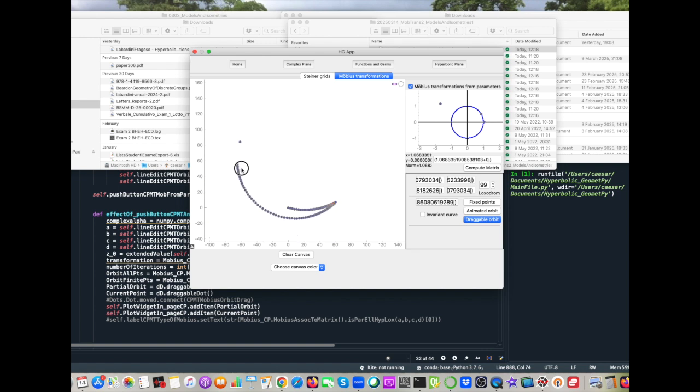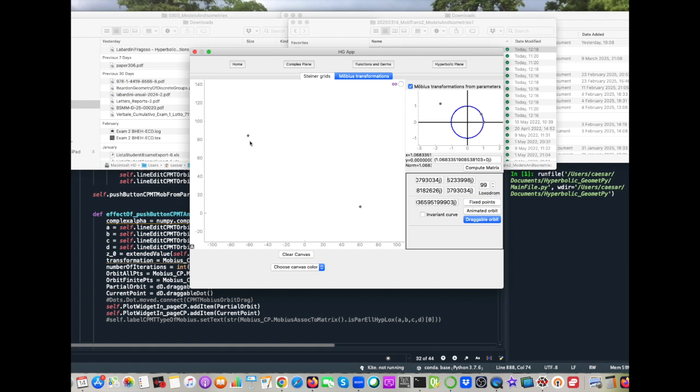So you see, I drag the initial point, right? You can really see that, for instance here, what that figure means is that if I start with this point, it gives you the impression that it gets away from one and gets close to the other. So let me clear this and then the fixed points.